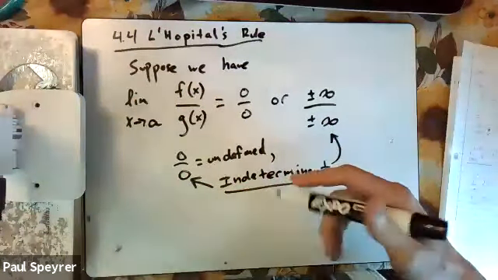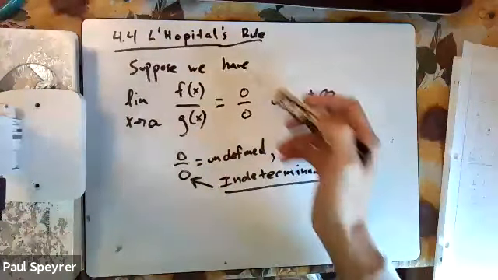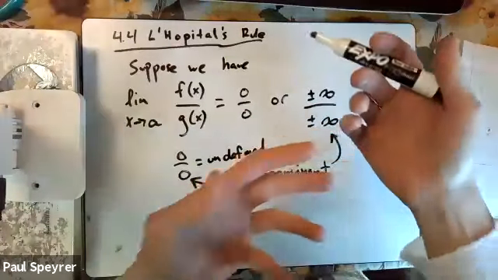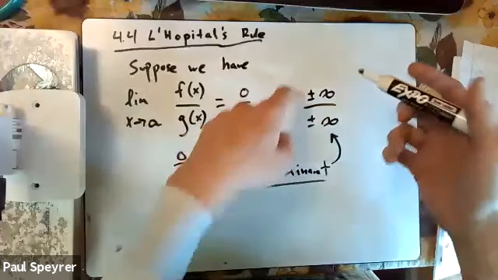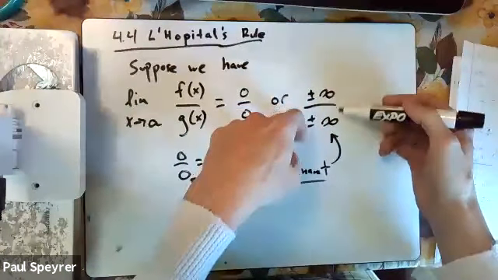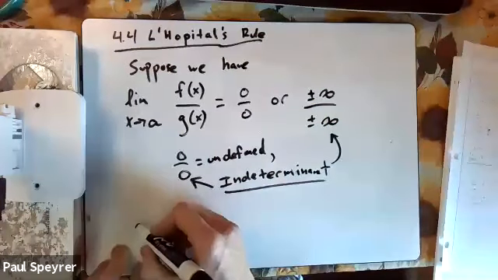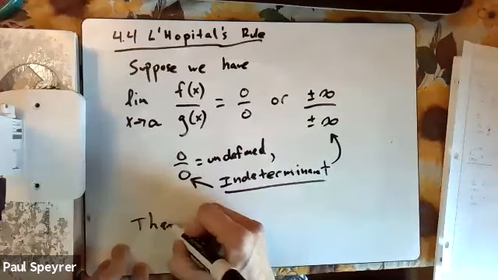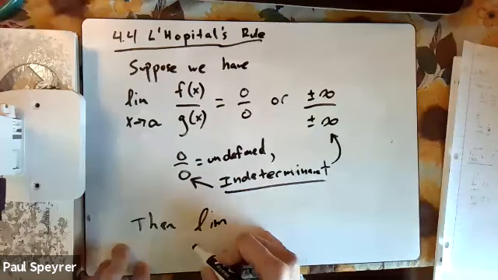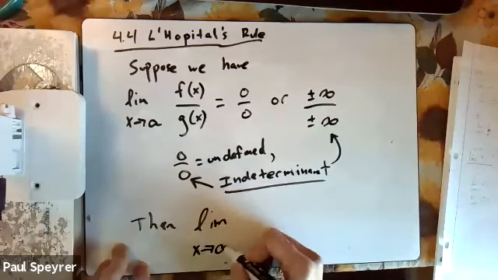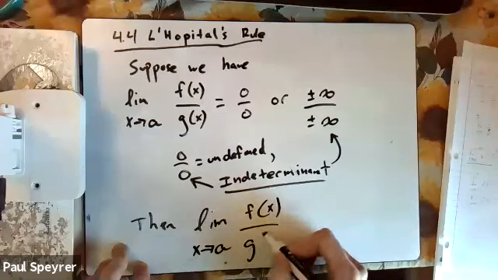Well, if you analyze a limit problem and you initially plug in your a value and you get 0 over 0 or some combination of infinity over infinity, then the way we go about doing it is we are going to apply L'Hôpital's rule.